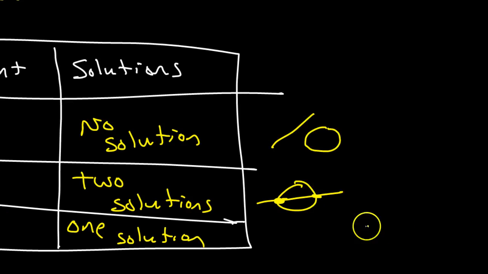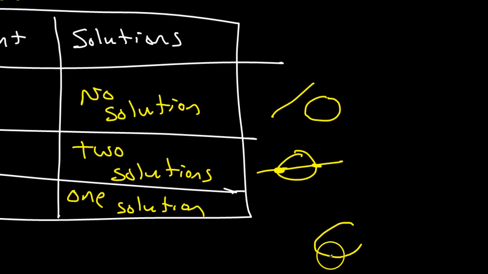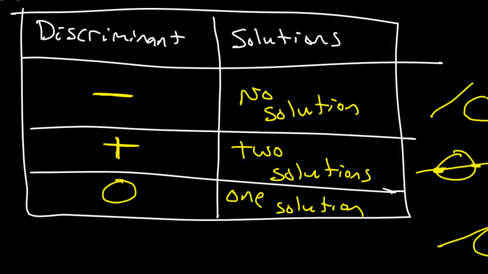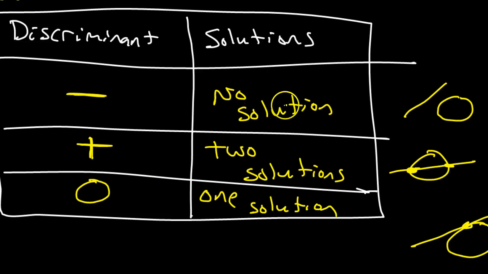In terms of my circle and my line, that's the situation where the circle and the line just barely touch at one point. So again, discriminant negative, no solution. Discriminant positive, two solutions. If the discriminant is 0, one solution.